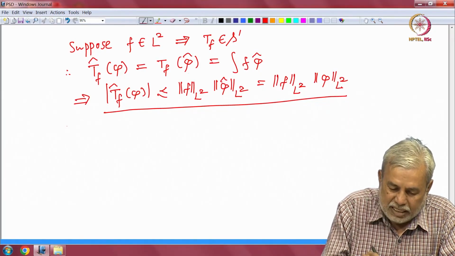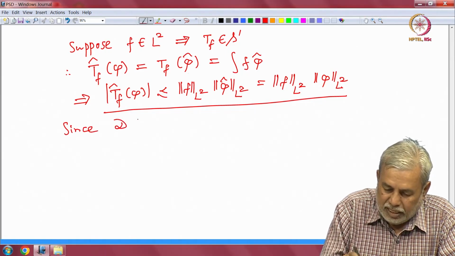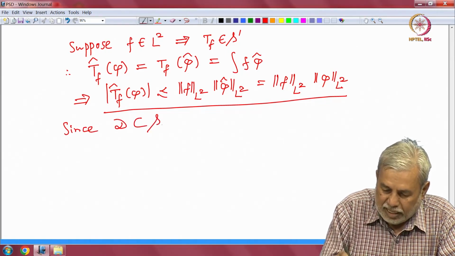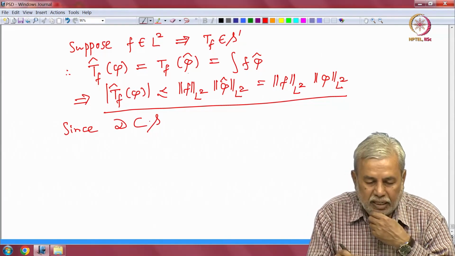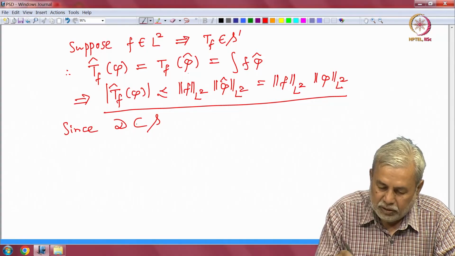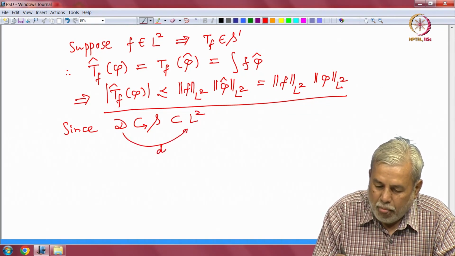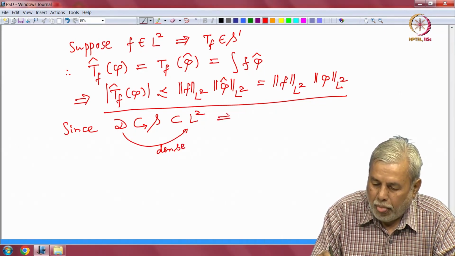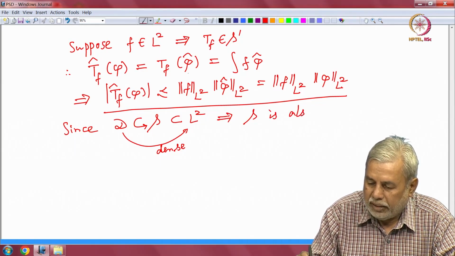So, since S is contained in L2, both as a set and also in topology, as a continuous inclusion, and this is dense, this we have already seen. So, S is also dense in L2.